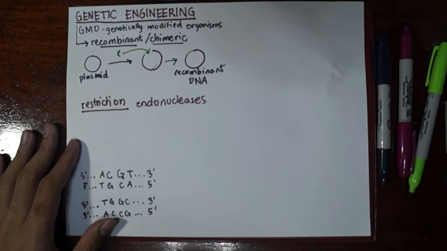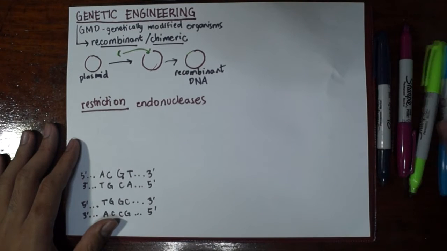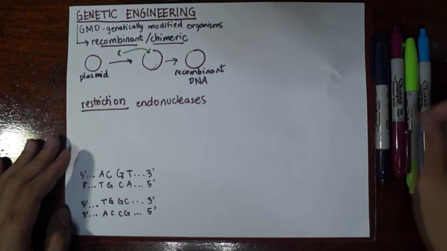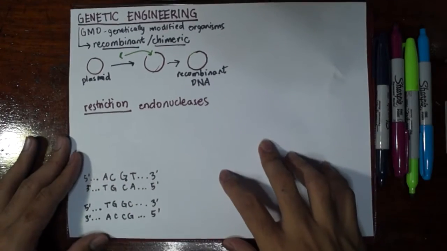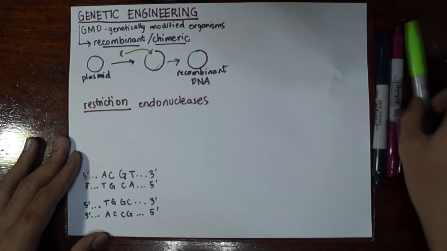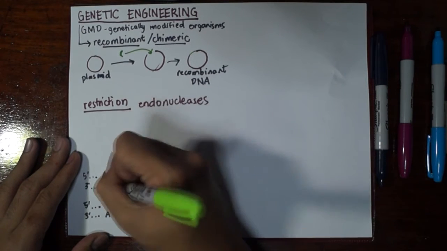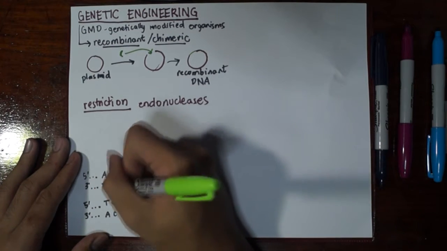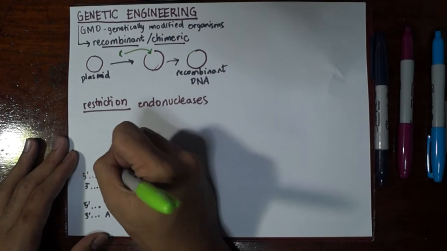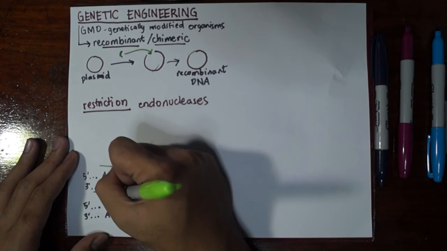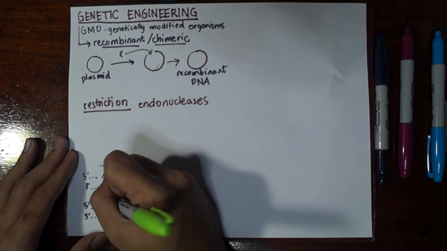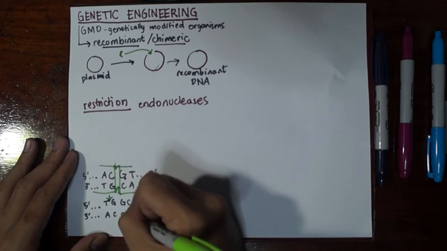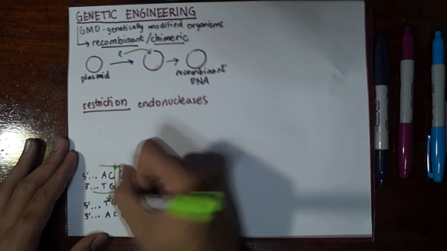We know that enzymes are specific to a particular site, based on stereochemistry and molecular geometry. For example, we have sequences here at the bottom. For example, the endonuclease would target this particular portion. What would happen is that after cutting it off, it will produce this. For example, here we have this one. The endonuclease would cut it in this manner.